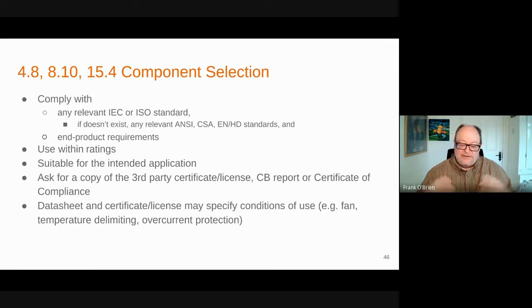And the standard does sort of say, well, if you think it's good for something else and your risk process is good with that, that's okay too. But be very, very careful about that. Although the standard says that, from a quality system point of view or a critical supplier point of view, can you really use something outside its ratings?